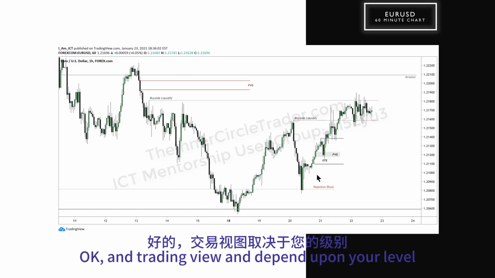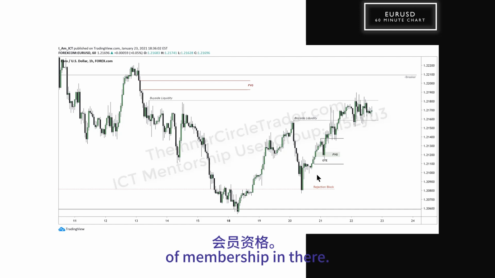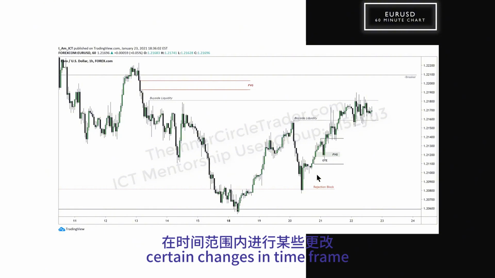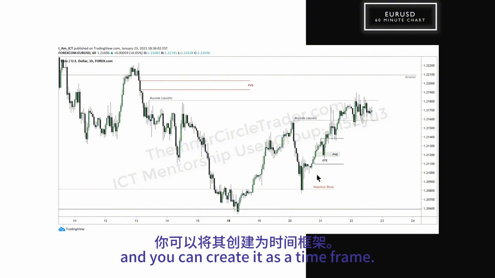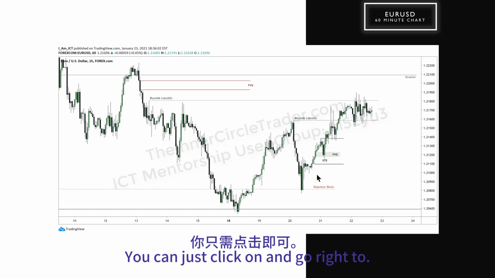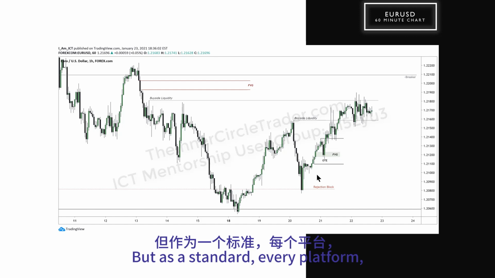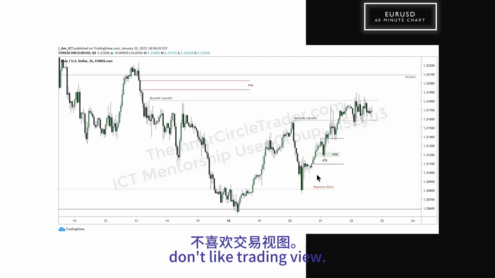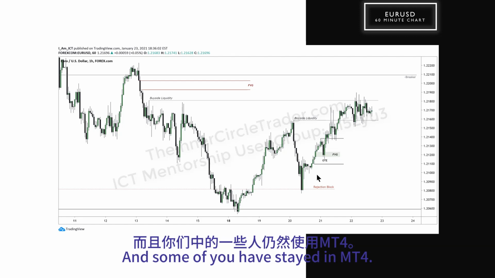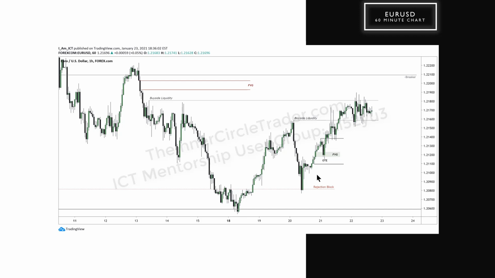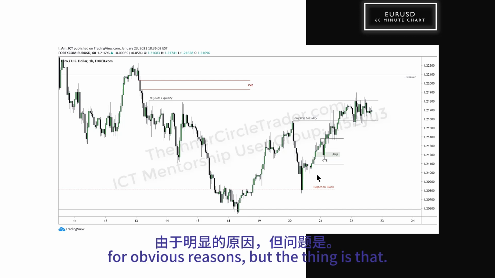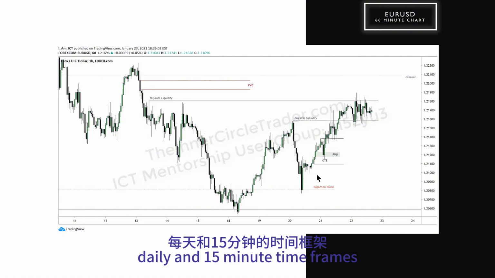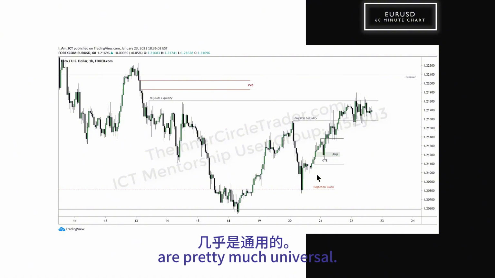Okay, and TradingView, depending upon your level of membership, will allow you to make certain changes in time frame, and you can create a time frame you can just click on and go right to. But as a standard, every platform, because I know some of you don't like TradingView, you want to use your trading platform, and some of you have stayed in MT4. I had to move away from that for obvious reasons, but the thing is that hourly, daily, and 15-minute time frames are pretty much universal.